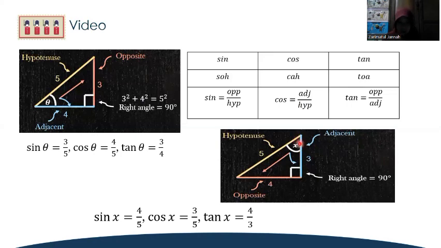This is opposite, this adjacent, and this hypotenuse. Okay, so sine of x is 4 per 5, cosine of x is 3 per 5, and tangent of x is 4 per 3. Okay.